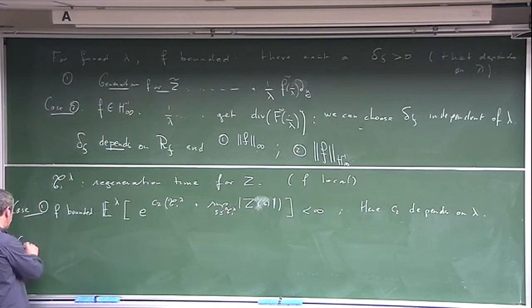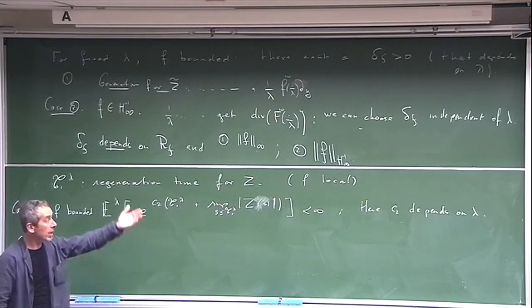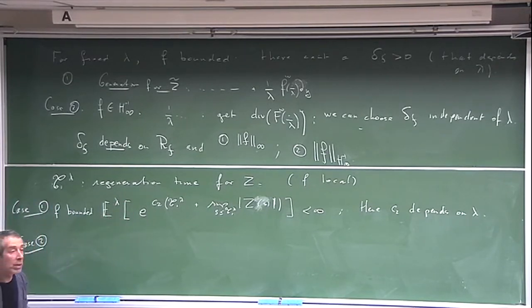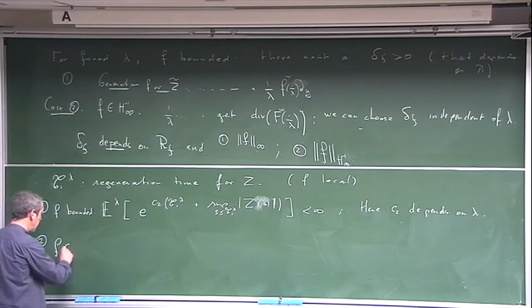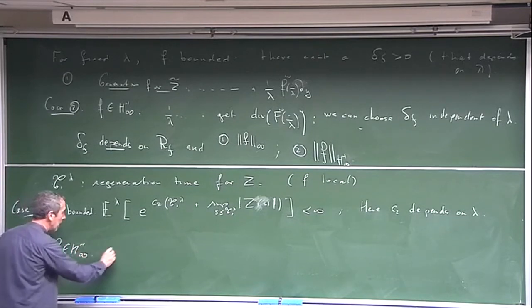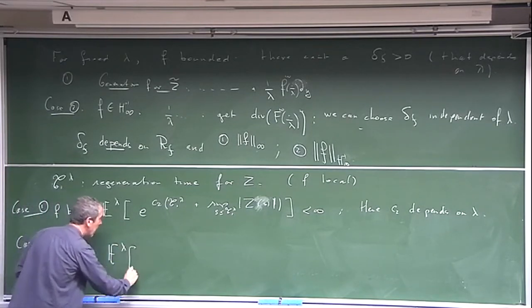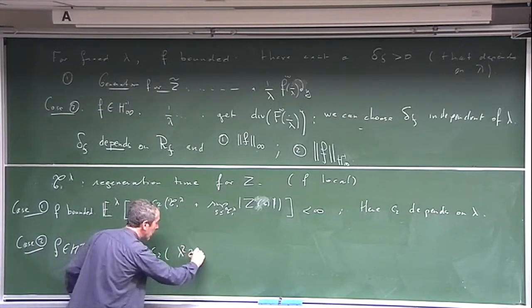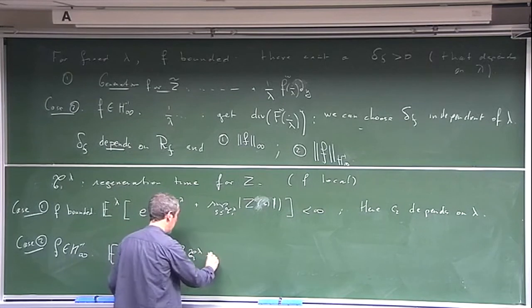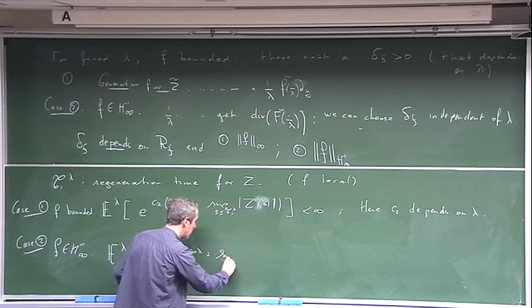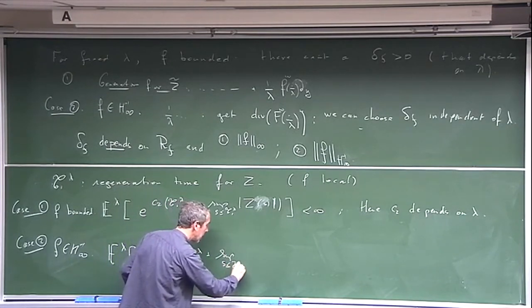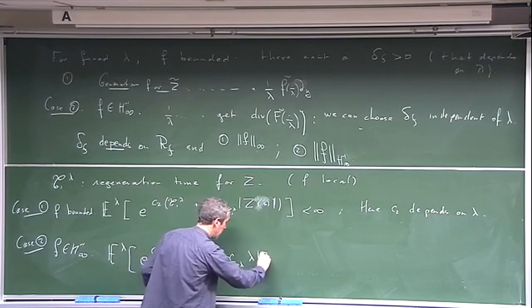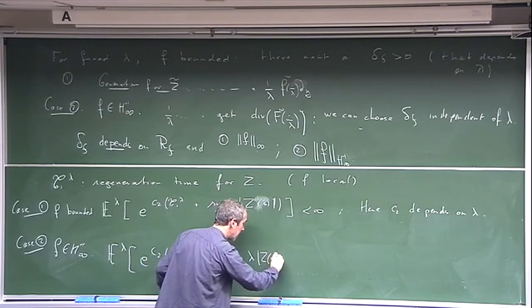And then you have case 2. And actually, case 2, the statement is exactly what is still written on the blackboard. That is, you have the same bounds. So here F is in H minus 1 infinity. And we get exponential moments, but for lambda squared tau 1 lambda, and also lambda times the sup for s less than tau 1 lambda of lambda times the norm of Z of s.